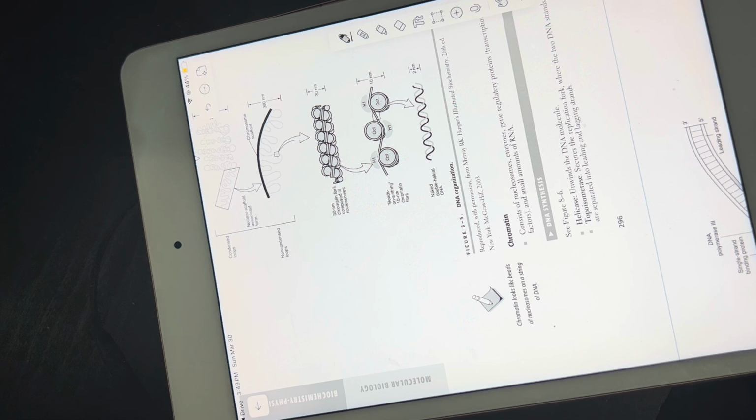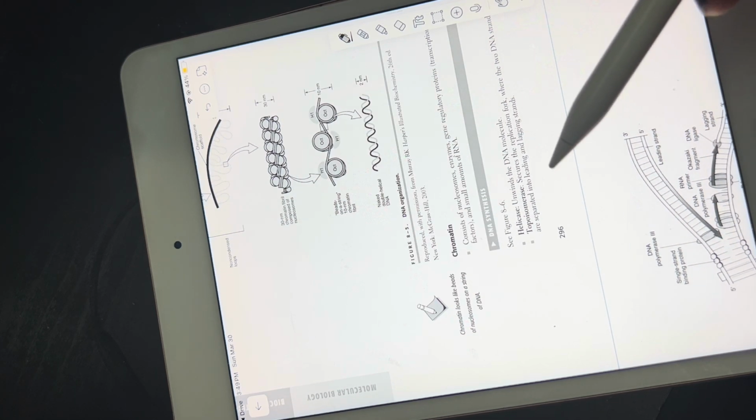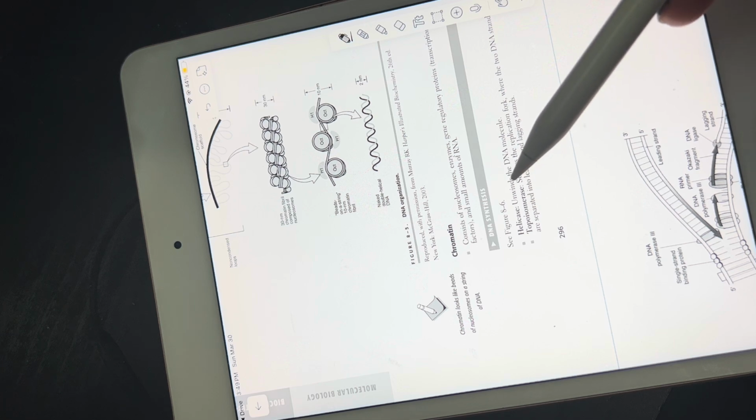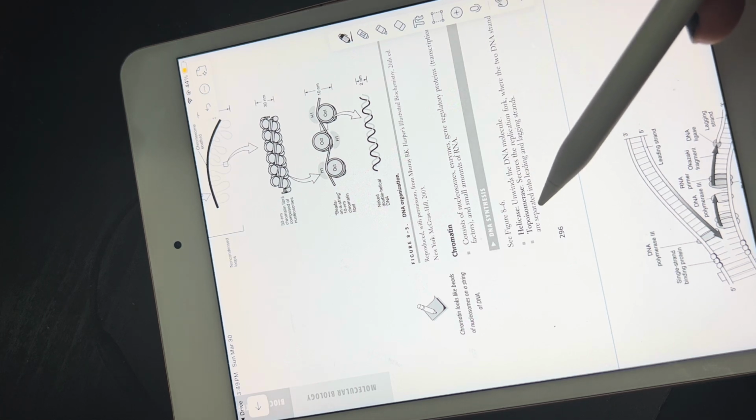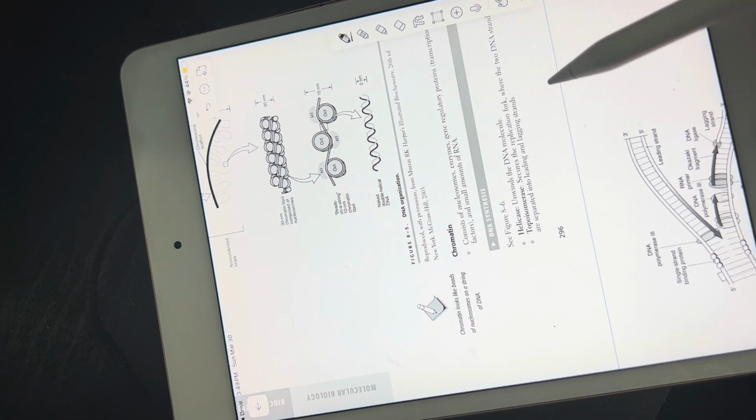We just have to remember the enzymes involved in DNA synthesis, like the function of helicase, which unwinds the DNA molecule, and topoisomerase, which secures the replication fork, so that when the DNA strands are separated into leading and lagging strands, they are opposite in direction.